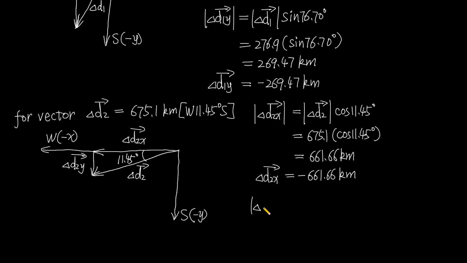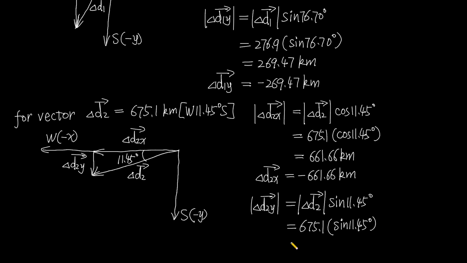Then the magnitude of the vector delta d2y equals the magnitude of the vector delta d2 multiplied by sine 11.45 degrees, and this equals 675.1 multiplied by sine 11.45 degrees, and this equals 134.02 kilometers.